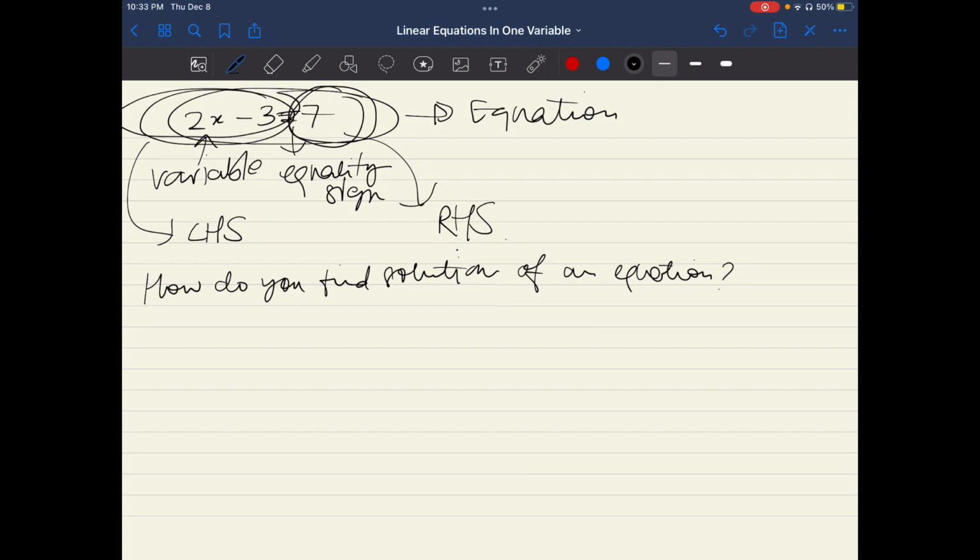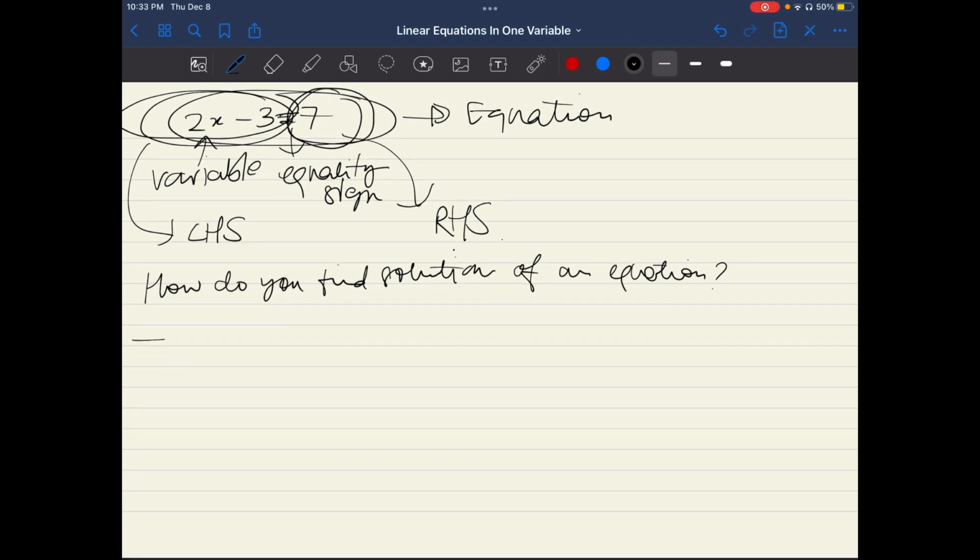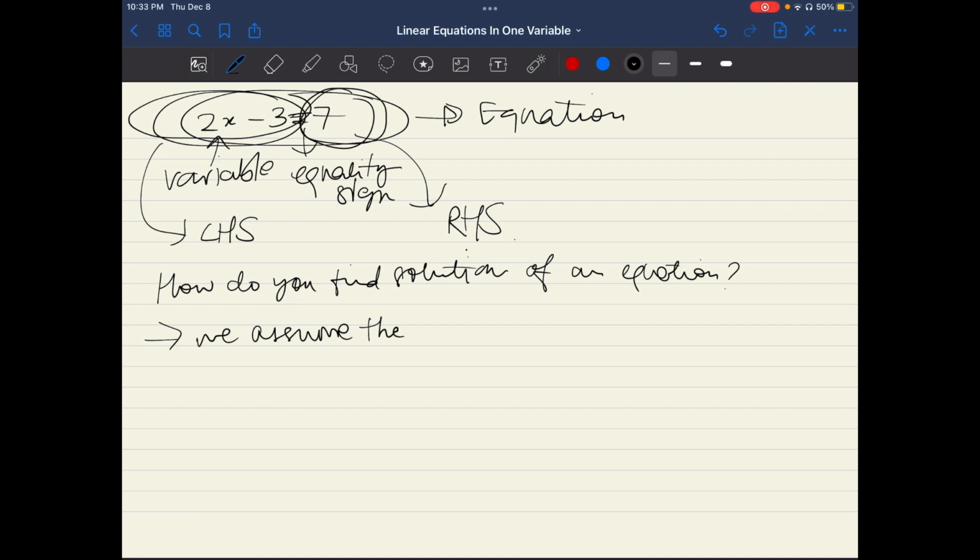Now let's talk about how do you find solution of an equation. First step is that we assume the equation to be balanced, which means left-hand side, or LHS, equals right-hand side, or RHS.